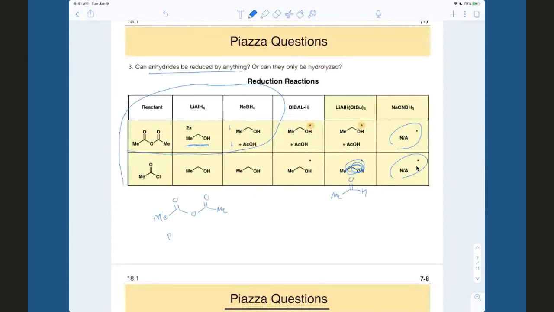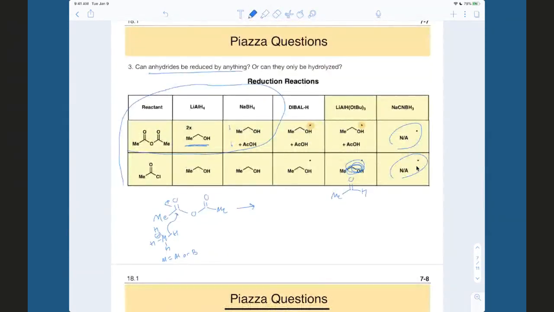So first we're going to have, I'm just going to say metal for now, where metal is Al or boron. I have a hydride addition to the anhydride. Remember, anhydrides are more reactive than esters.